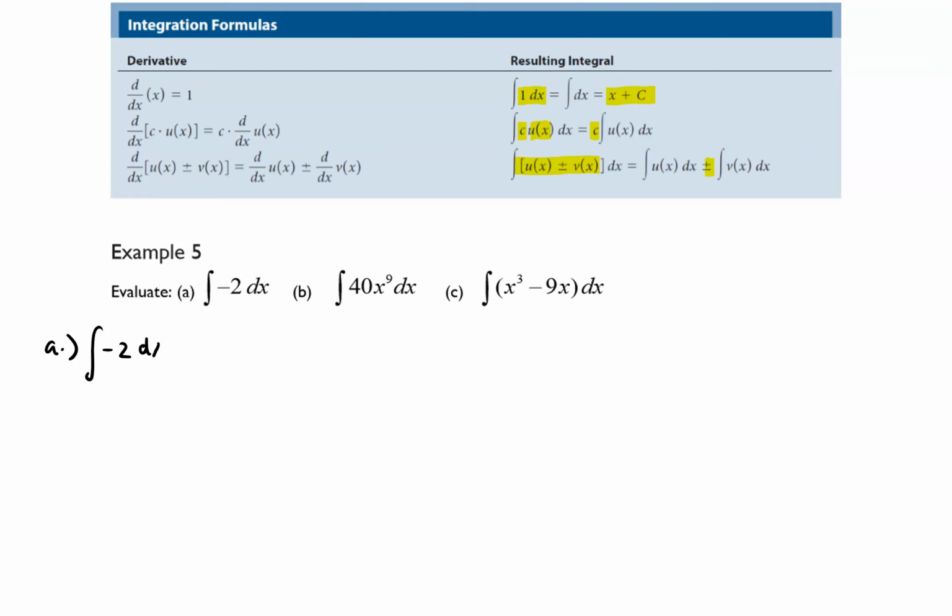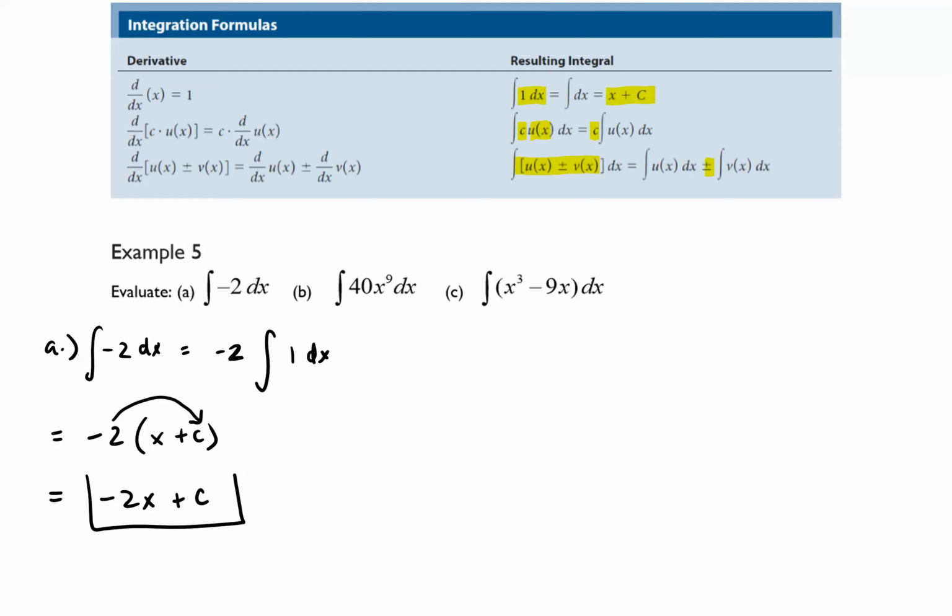And so we get negative 2x if I distribute that in. And if I multiply negative 2 times some constant, it's still going to be some constant. So I can still put plus c like that. And that is our integral for part A.